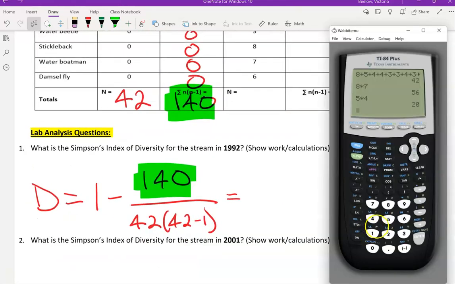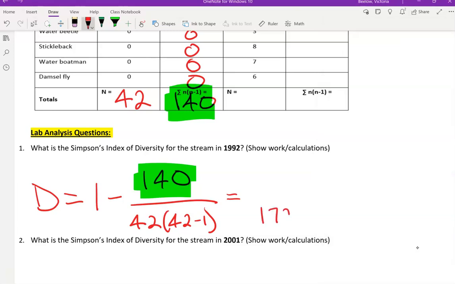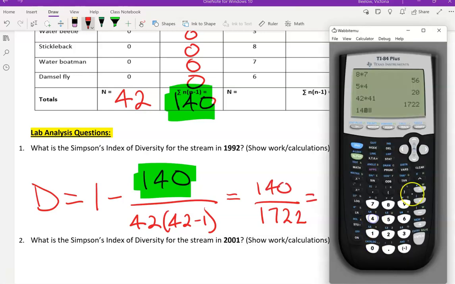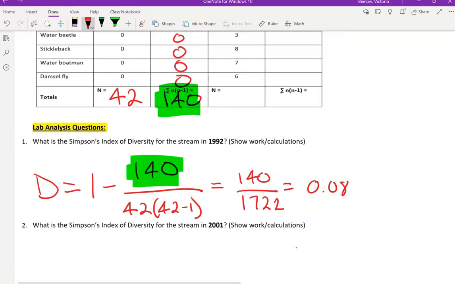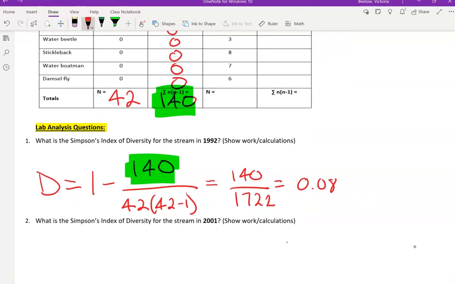All right, so 42 times 41, because 42 minus 1 is 41, that's 1,722. 140 divided by that is going to give me 0.08, and we have to do 1 minus that.